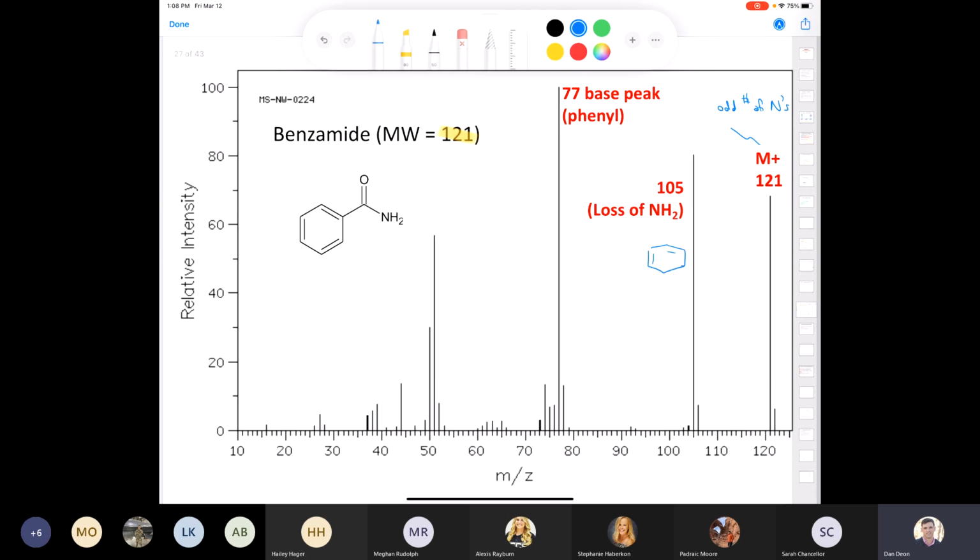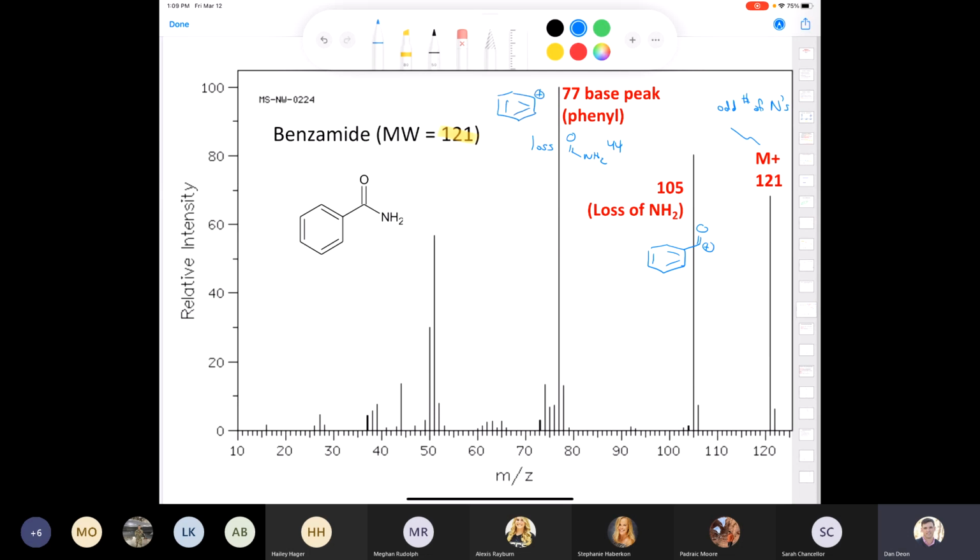A benzoyl cation. This is one of the fragments that we looked at today, 105, right? That's a very common fragment. Also, if you lost the carbonyl, right? Loss of this, which weighs 44, okay? You're going to have the phenyl cation at 77.